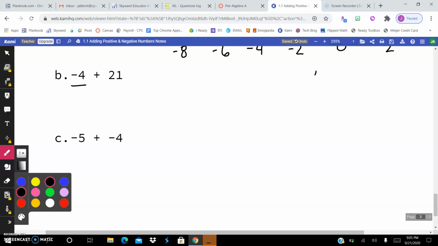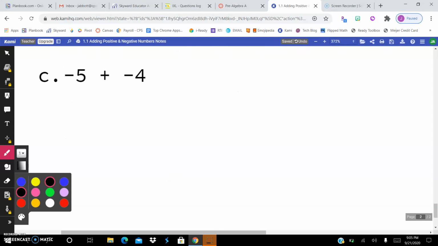So you owe 4, but you have 21. So if you owe 4 and have 21, that means you're going to have a positive number left over. So take the 4 away from the 21, and that would leave you with 17. Again, if you want to draw the number line out, you are more than welcome to.